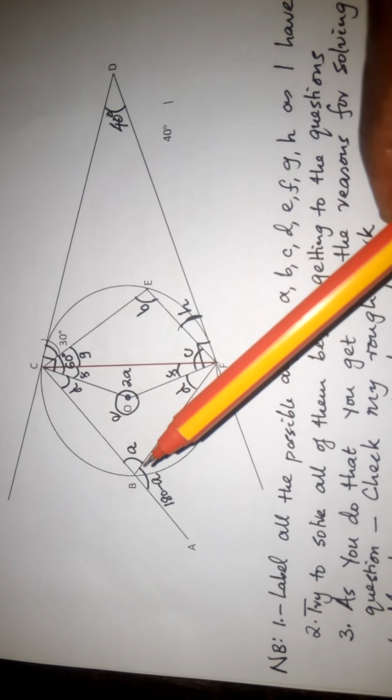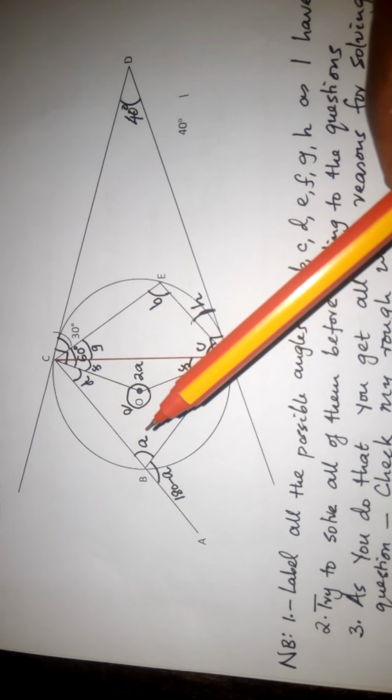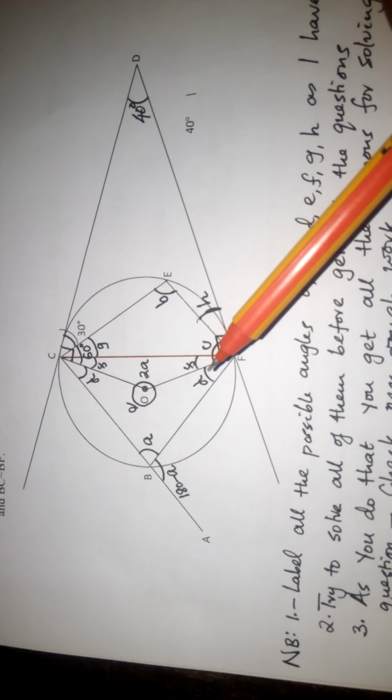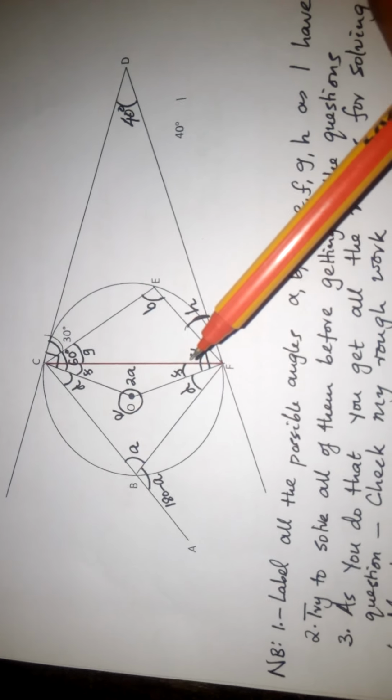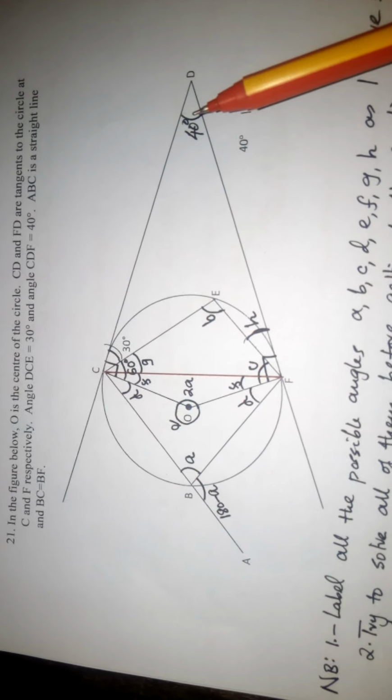I have labeled this diagram conveniently for me so that I begin looking at those angles with the properties. For example, we have been told that DC is a tangent and FD is also a tangent, meaning OCD is 90 degrees and OFD is also 90 degrees.